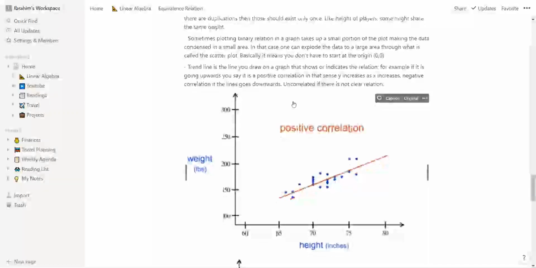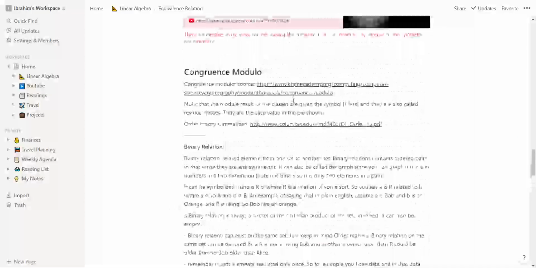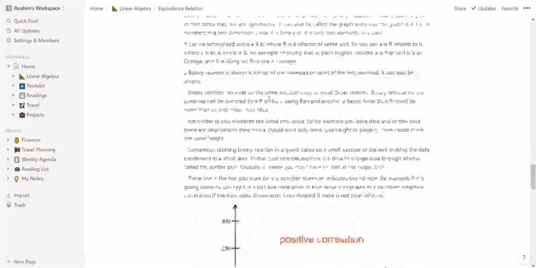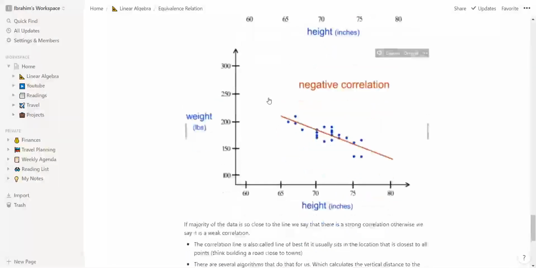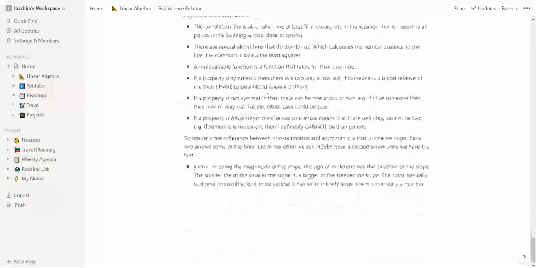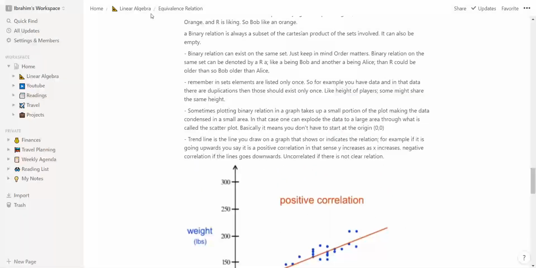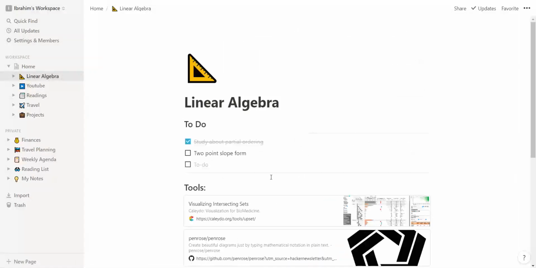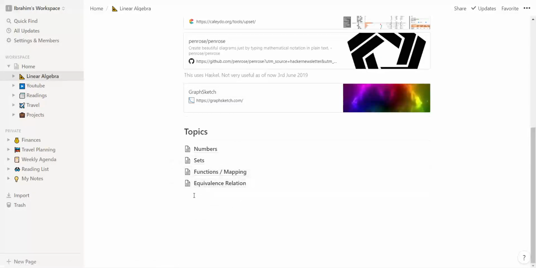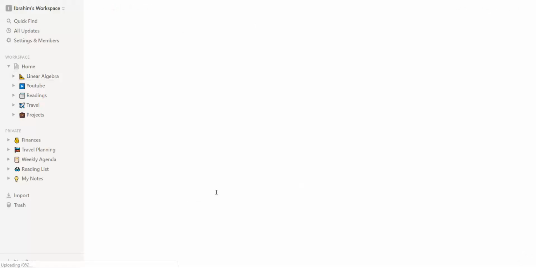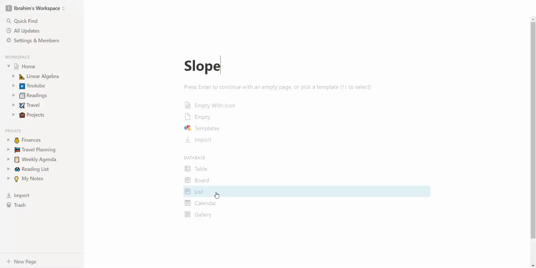So in this video we are going to keep going with the slope. We've talked about the slope being y equals mx, and I think we should define a new page here. Just create a new page, call it slope, and then define the necessary information within.